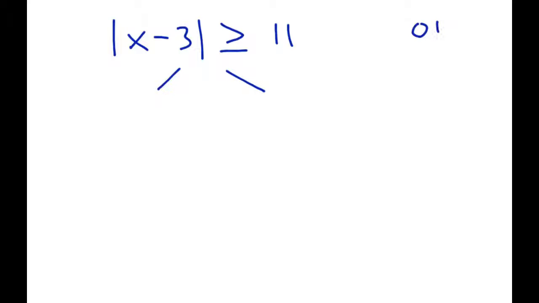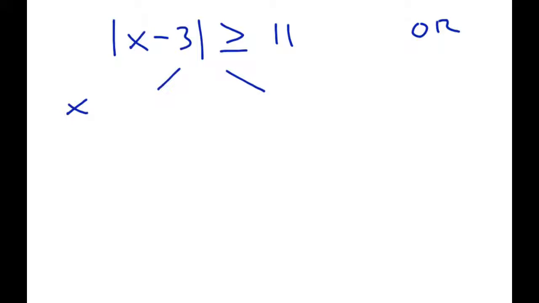Alright, so our first problem, we're going to do the absolute value of x minus 3 is greater than or equal to 11. Alright, so I know that I'm going to break this down into two parts. I know that greater than means or, because we talked about greater.